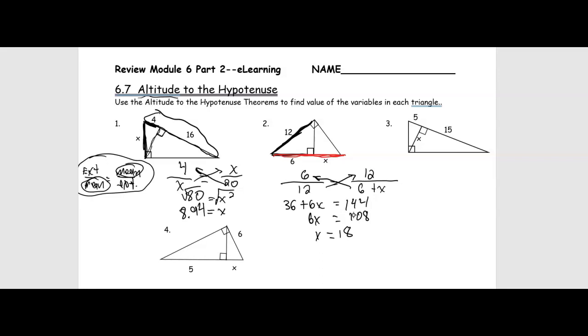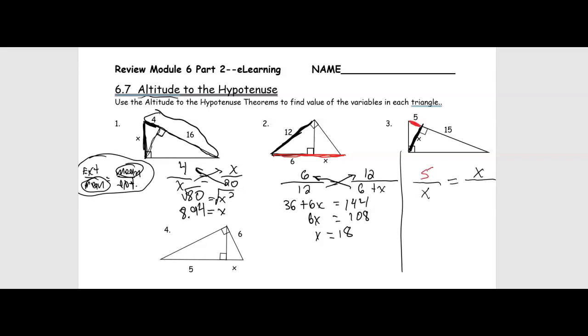The other one was, if we have this here, the altitude itself, let me create some space here. So now we actually have the altitude as what we are now trying to find. That was the geometric mean. So that goes here and then here. And then this was the one that was a little bit easier. It's just the two lengths that it cuts that hypotenuse into.